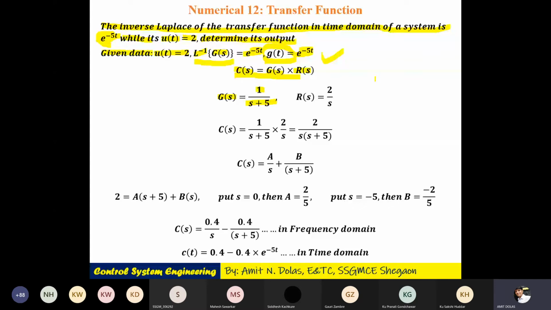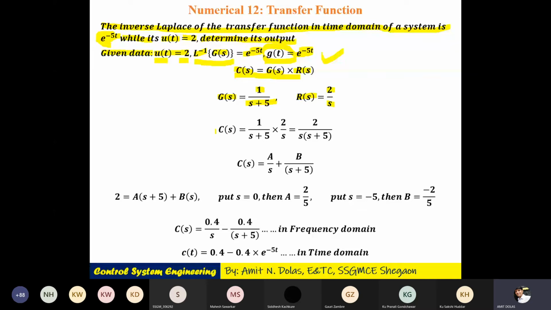E raised to power minus at is nothing but 1 upon s plus a. Here a is 5. Therefore g of s is equal to 1 upon s plus 5. And what is r of s? It is a step input u of t, that is 2. If we write it in the Laplace domain, if it were 1 it would be 1 by s. It is 2, so that's why it is 2 by s. R of s is 2 by s.